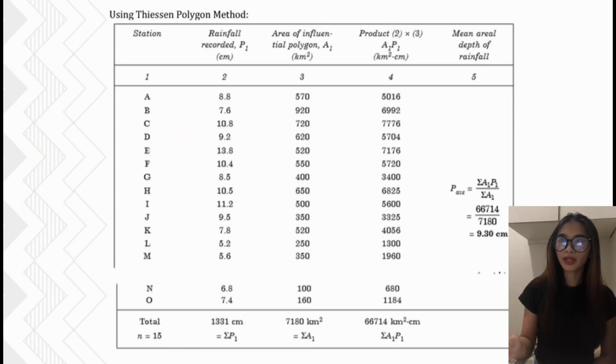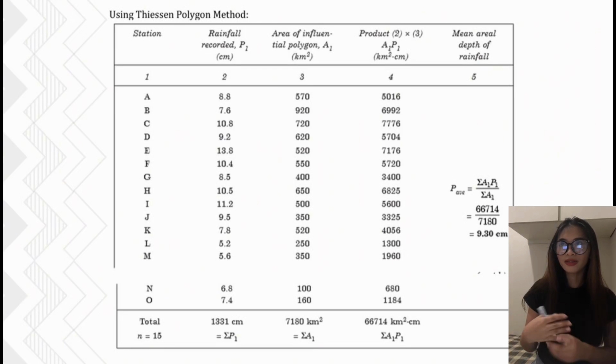The summation of P1 will give 133.1 centimeters, and the area of influence polygon, which is our A1, we will get 7,180 square kilometers. As you can see, 8.8 multiplied by 570, we will get 5,016, and so on and so forth for every station.